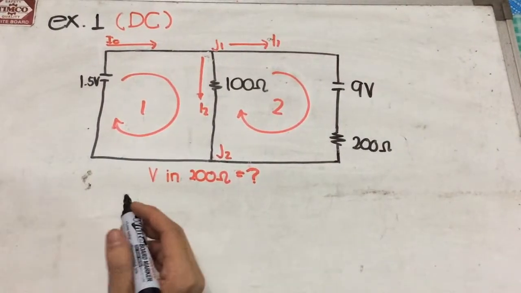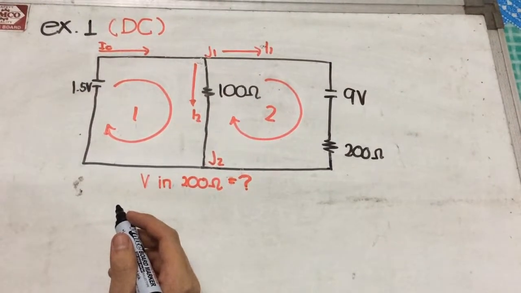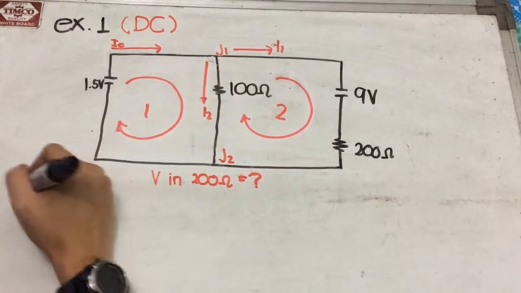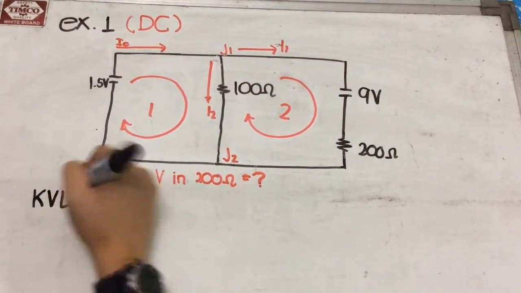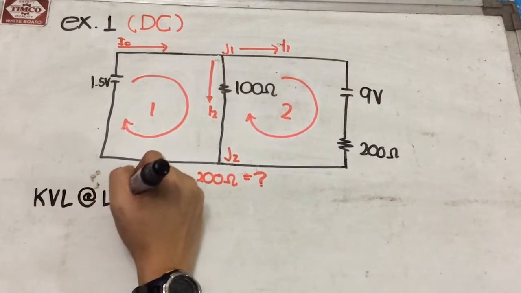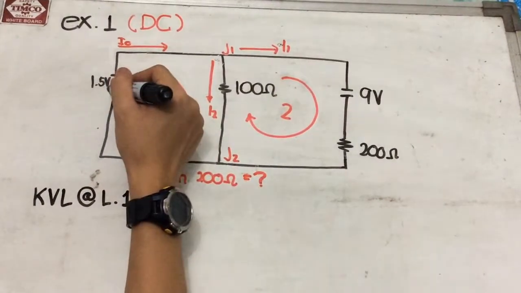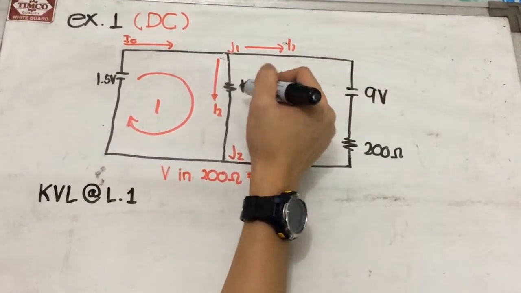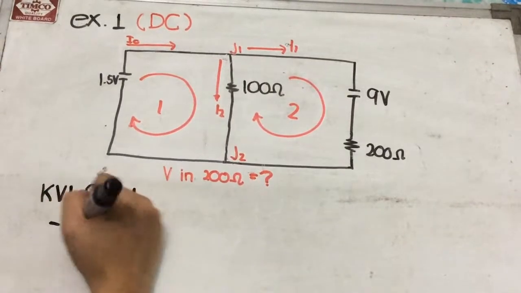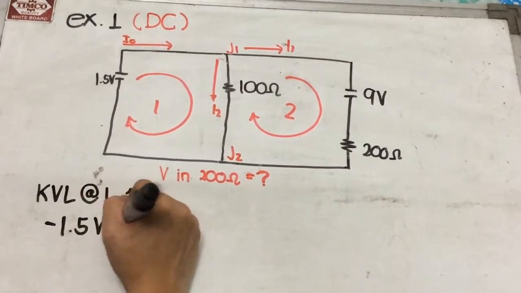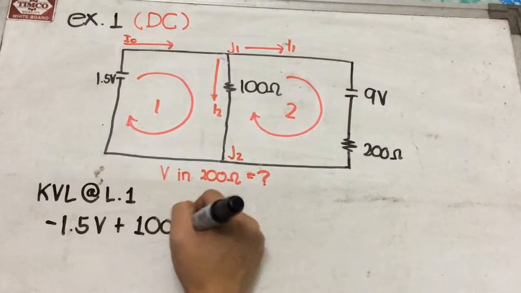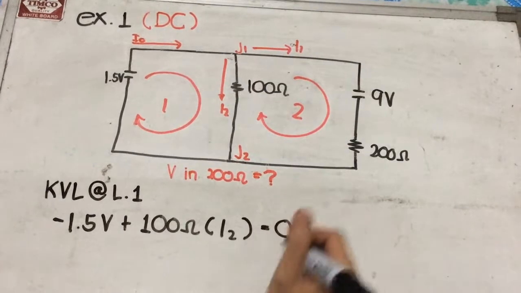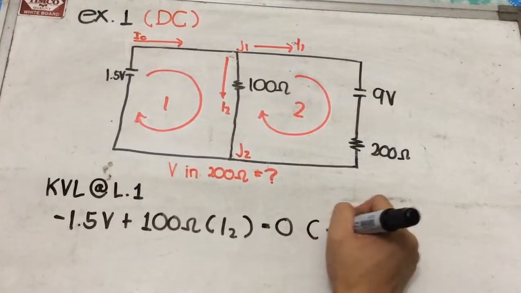For this circuit, we are asked to find the voltage drop in the 200 ohm resistor. So, using the KVL in loop 1, we will have negative 1.5 plus the 100 ohm times the current flowing into it, which is the I2. And we will set this as our equation 1.